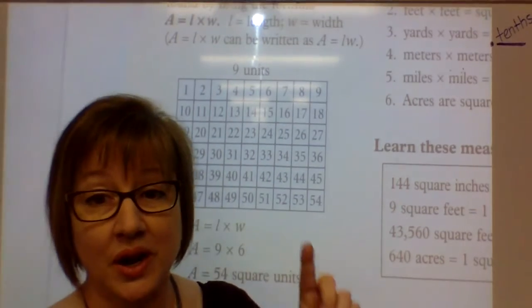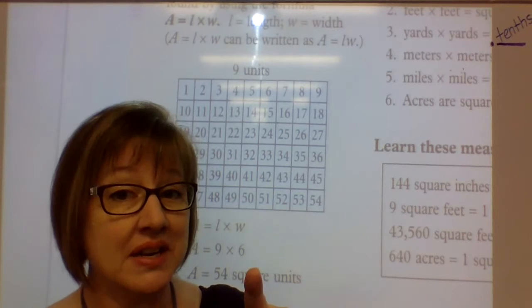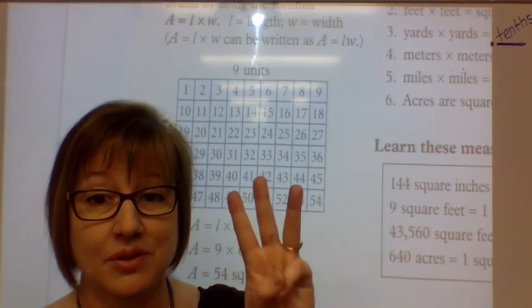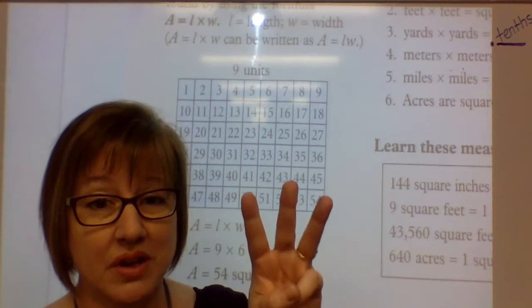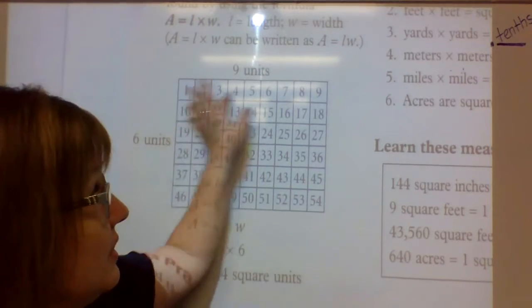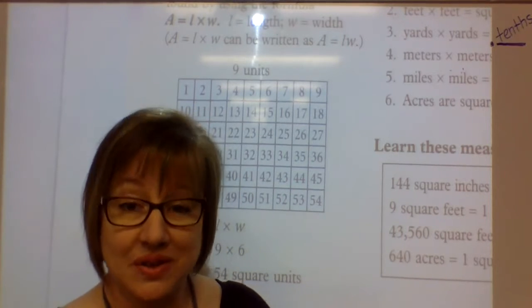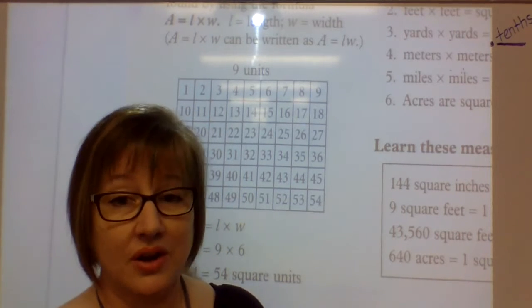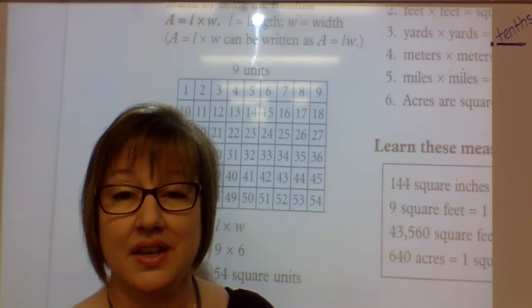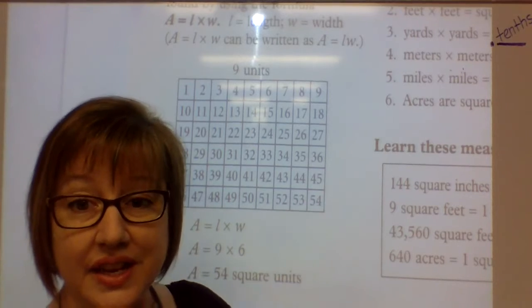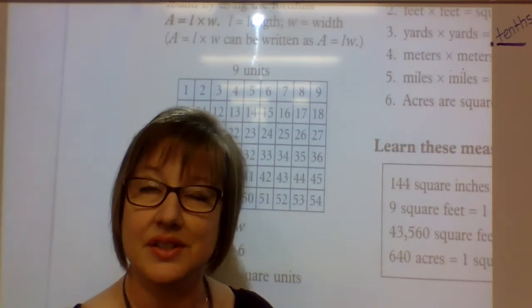And remember, a square yard is how many square feet? 3 by 3. There's 3 feet on this side, 3 on this side. 3 times 3 is 9. So 9 square feet in a square yard, and 144 square inches in a square foot.